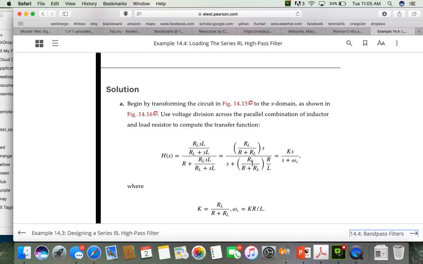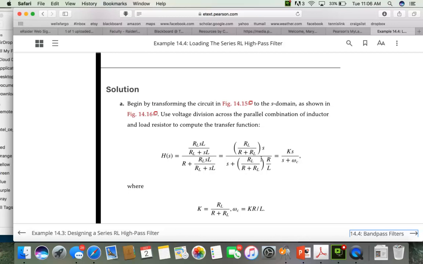So normally, if we did not have a load, our gain at low frequency, or our value of H at low frequency, would be 1. If we have a load, that now becomes a voltage divider ratio, or a divider ratio, between the load resistor and the sum of the load resistor and the filter resistor. So K, in this case, for a passive filter, will always be less than 1, and we can refer to that as the gain.